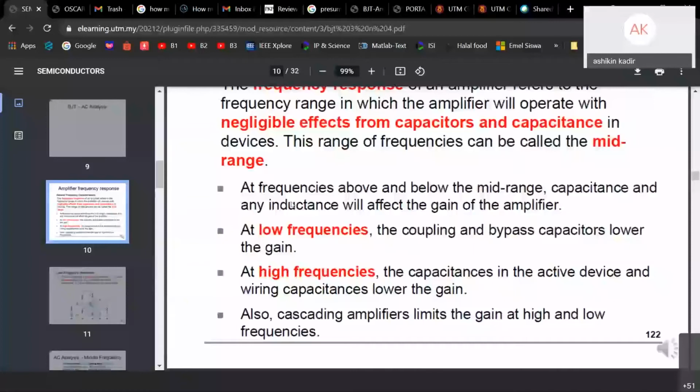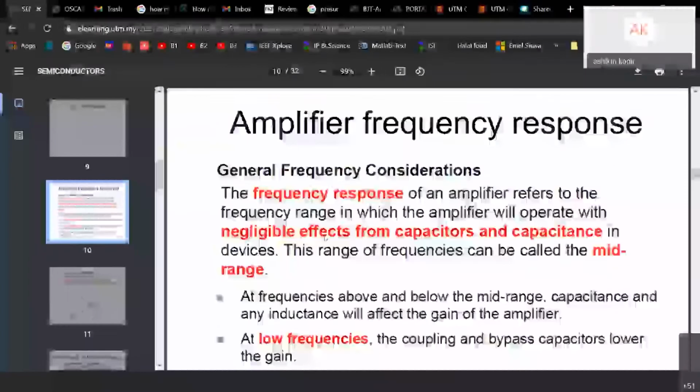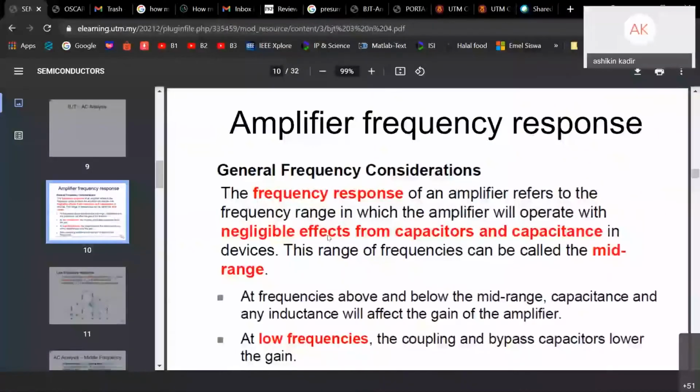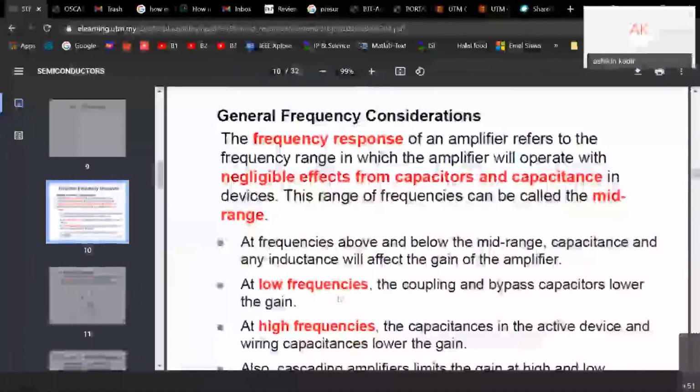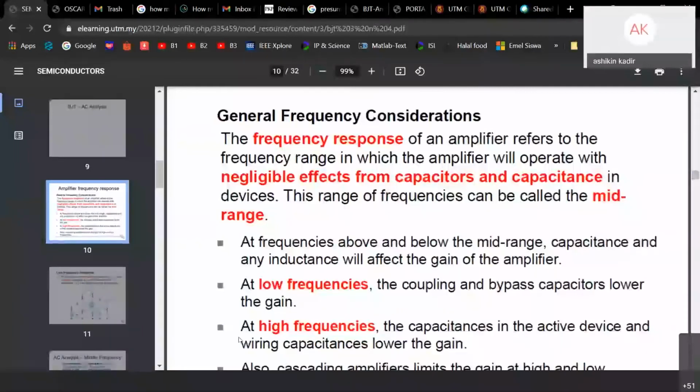However, actually during the frequency response, before the middle frequency, there is also something that happens. Before middle frequency we call it low frequency, and after middle frequency we call it high frequencies. For this you need to draw a separate AC equivalent circuit.